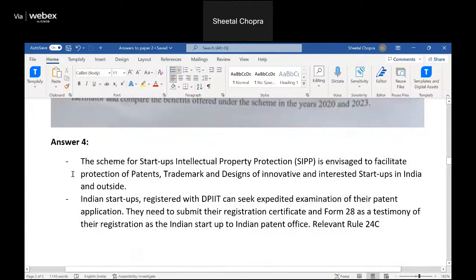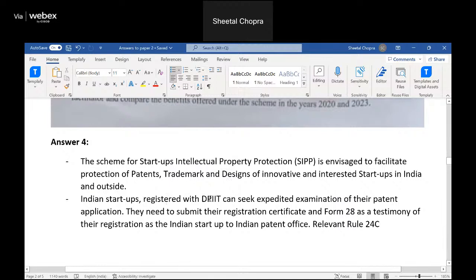So 3 items. First, about SIP scheme, you just mention that it is about facilitation of patent, trademark and design applications for innovative works that are done by startups in India. Not only in India, but also for filing and protection in other parts of the world.